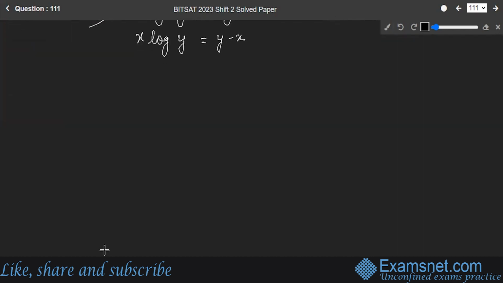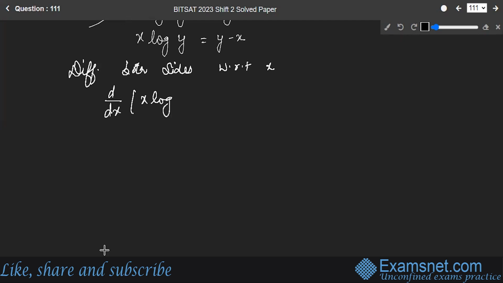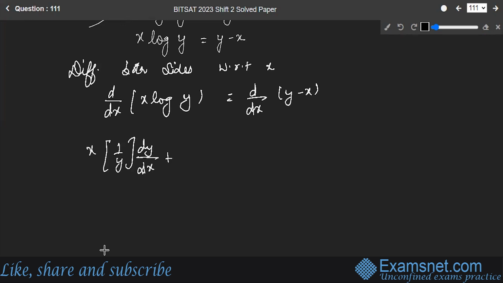Now differentiating both sides with respect to x, you will have d by dx of x log y is equal to this. So using the product rule, you will have x into 1 by y dy by dx plus the second function into derivative of first is equal to dy by dx minus 1.